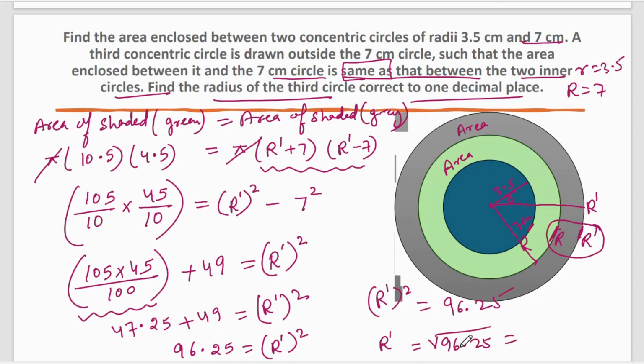Just calculate the square root of 96.25. So it is 9.8, and the unit is centimeter. So this is your final answer. I hope you have understood this. If you have doubt, just revise this question and you will get the answer.